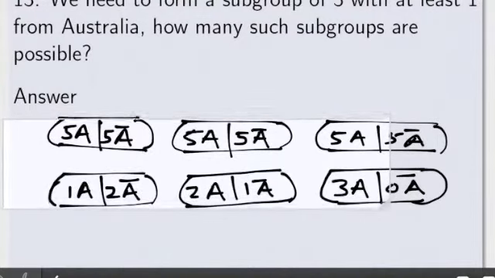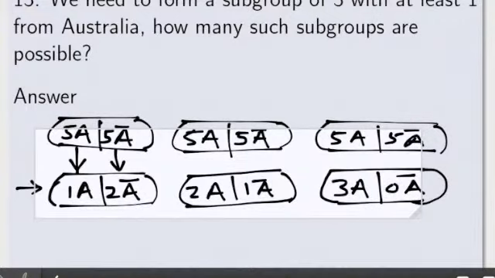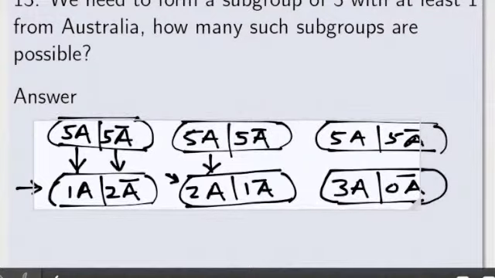So if we are forming a subgroup with just one Australian and 2 non-Australians, we ought to choose one Australian out of a pool of 5, and we ought to choose 2 non-Australians from a pool of 5. If we are considering a subgroup which consists of 2 Australians and 1 non-Australian, again these 2 Australians have to be chosen from a pool of 5, and the 1 non-Australian has to be chosen from a pool of 5 as well.